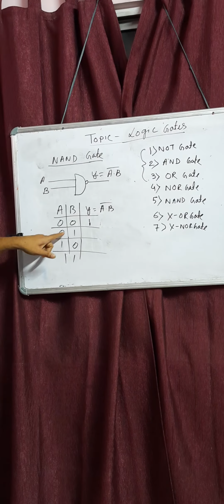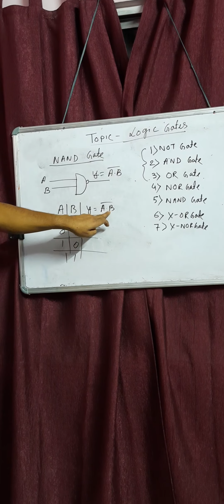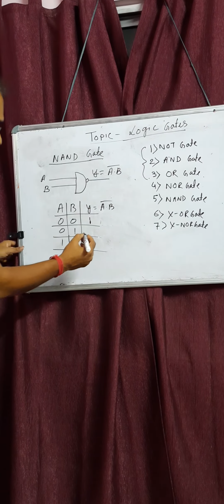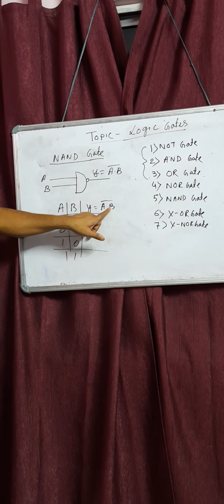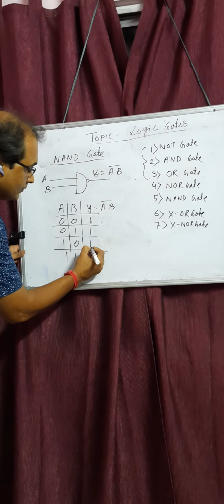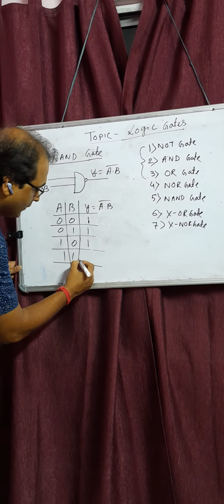Now 0 1. We are applying 0 over here, 1 over here. So 0 1 gives 0, and its complement gives 1. Again, A is 1 and B is 0. So 1 into 0 gives 0, and its complement gives 1. Next one is 1 1.